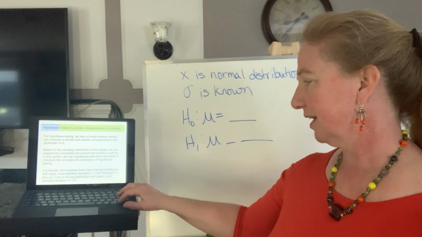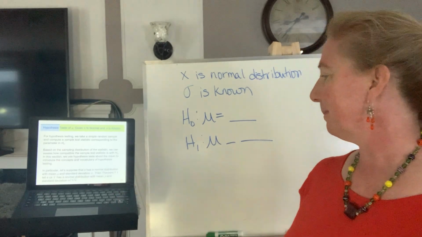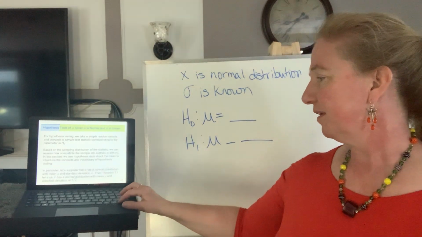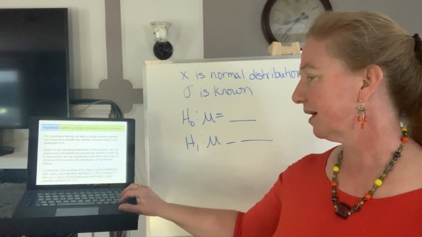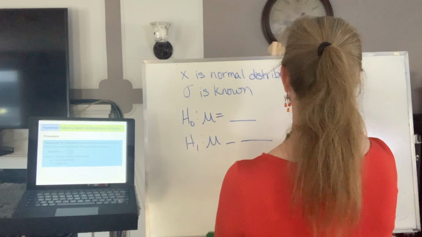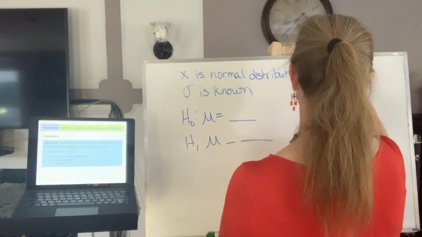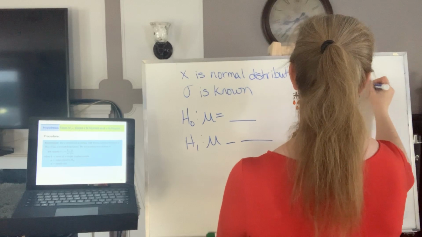So let's see, I'm trying to get through this really quickly. We are on slide 23. We're going to go back and use X bar and Z. So Z equals X bar minus mu over sigma divided by the square root of n.